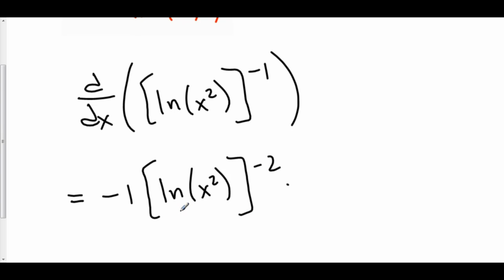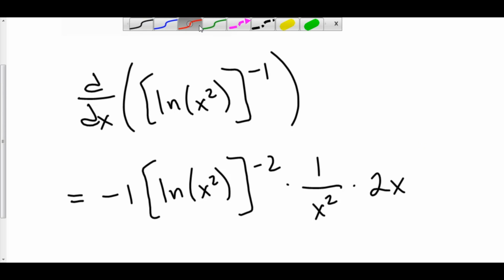But my stuff here is the natural log of even more stuff. So I have to find the derivative of the natural log of stuff now. And the derivative of the natural log of stuff is 1 over stuff times the derivative of the stuff. And so, one of our x's cancels out.